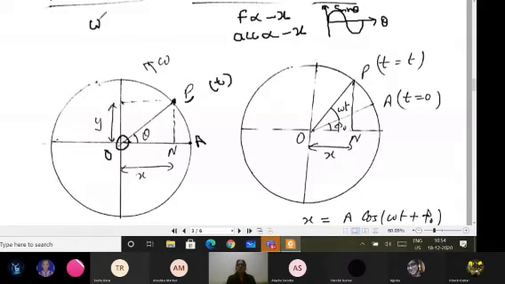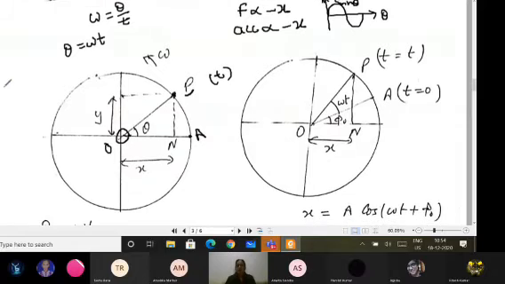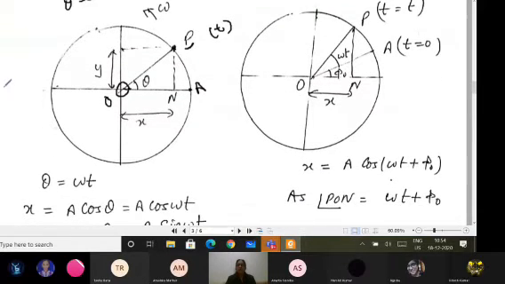Because omega is theta upon t, theta I can write as omega t. From here you write cos theta equals x upon a.